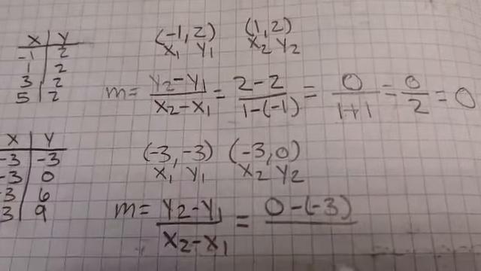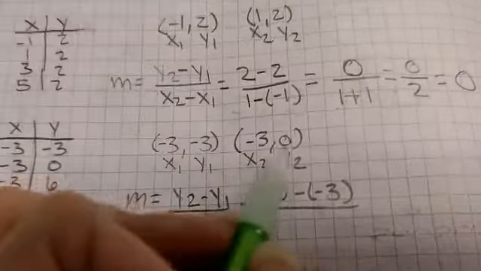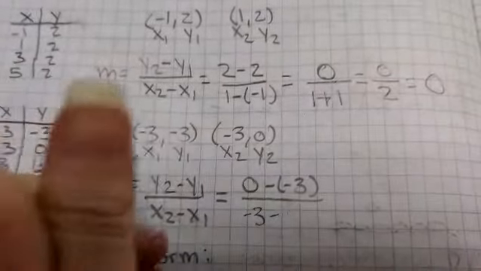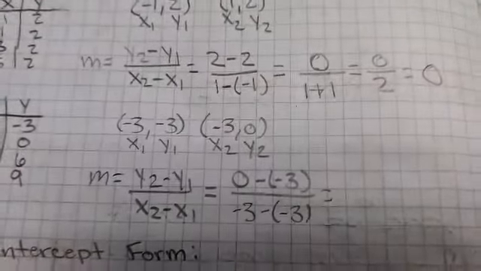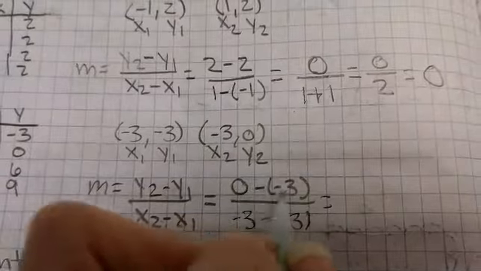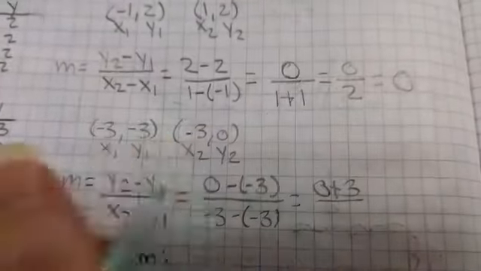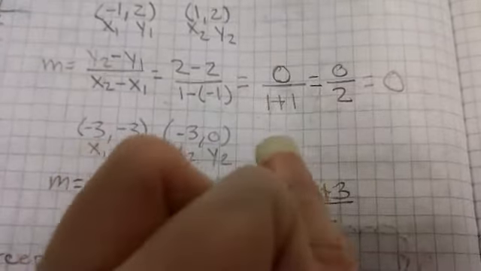Okay. So it has this funky minus a negative. And then for my x's, my x2 is -3 minus my x1 is also -3. So I have another minus a negative. So we know that these actually make a positive. So I have 0 plus 3 over -3 plus 3.